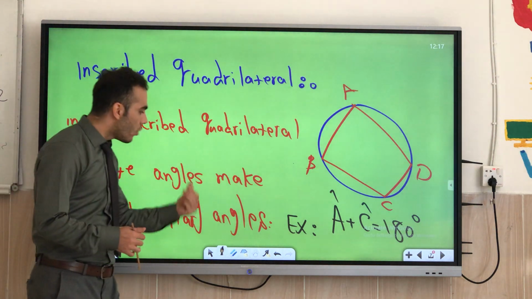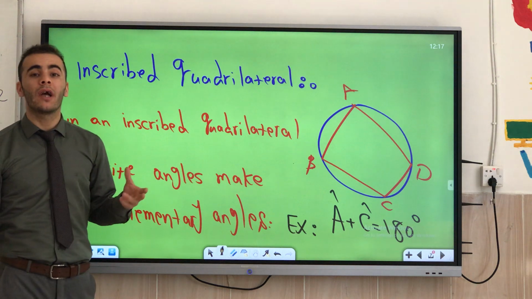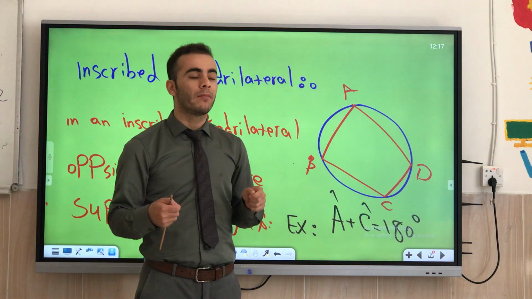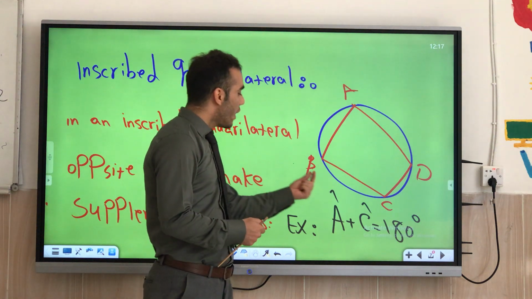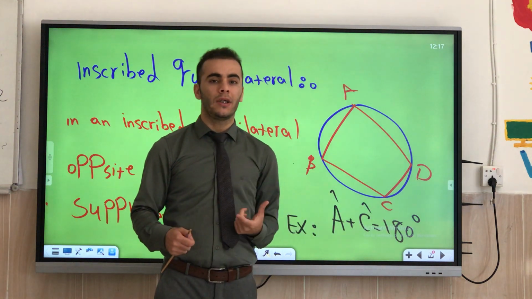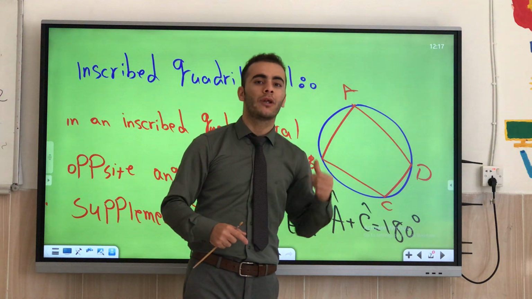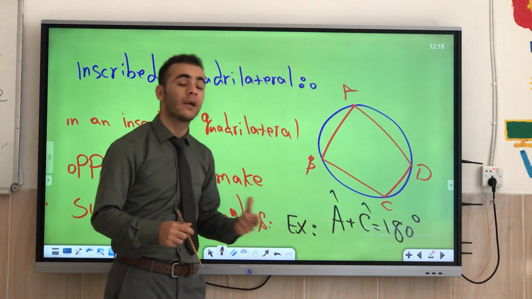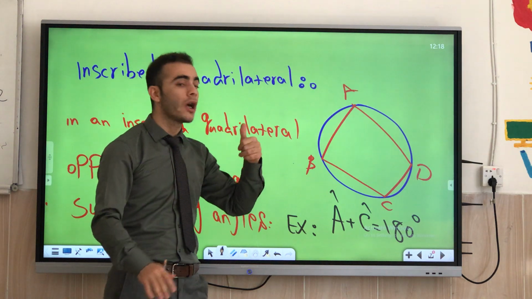Mr. Ahmad, what are supplementary angles? Supplementary angles are 2 angles such that if you take the sum of their measures, it will be equal to 180 degrees. Remember, we had complementary angles and supplementary angles. The sum of complementary angles was equal to 90 degrees.